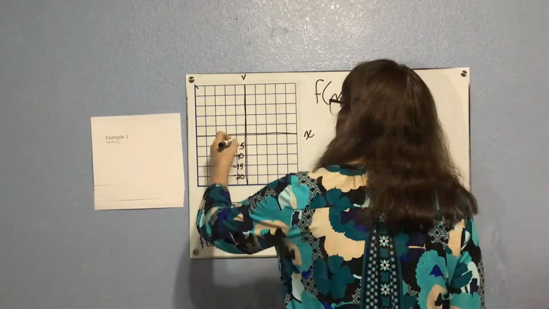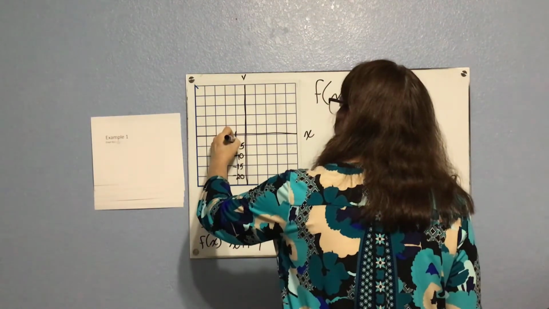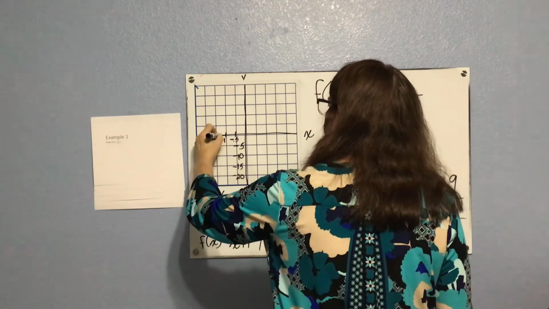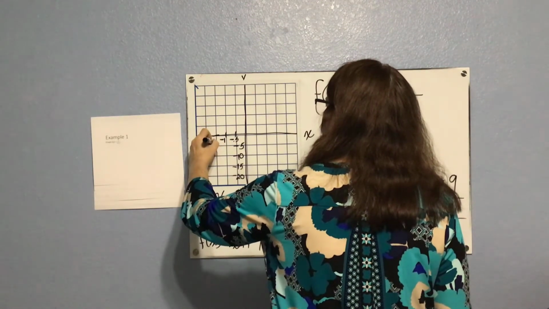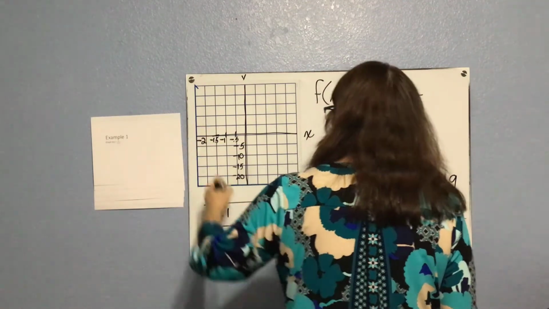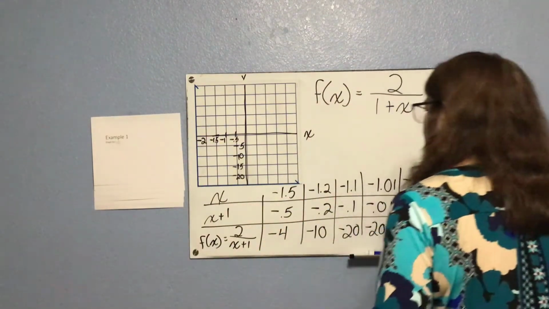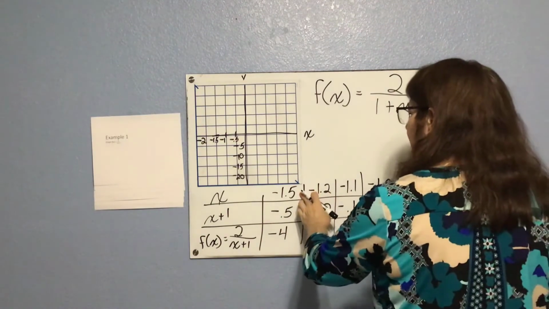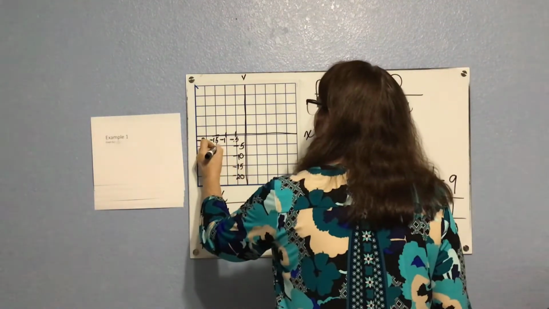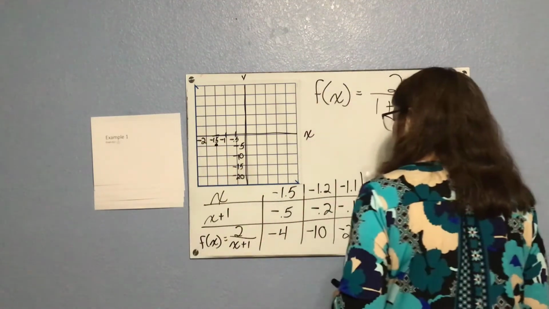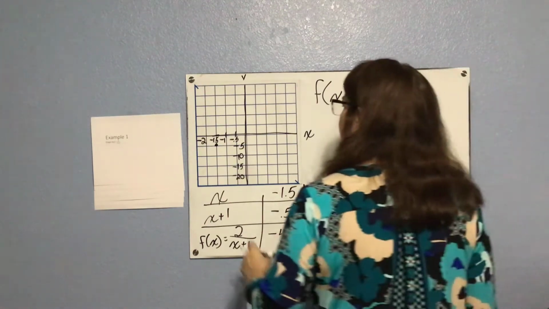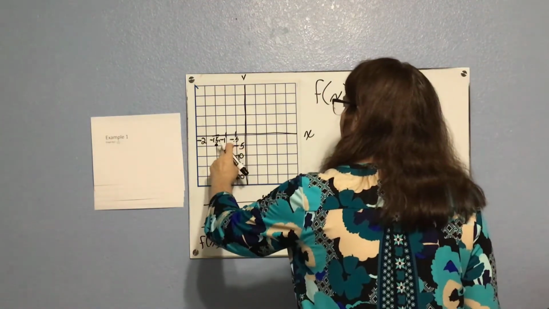So, negative 0.5, negative 1. At x equals negative 1.5, I'm at negative 4, so about there. At negative 1.2, I'm at negative 10, so that would be here.